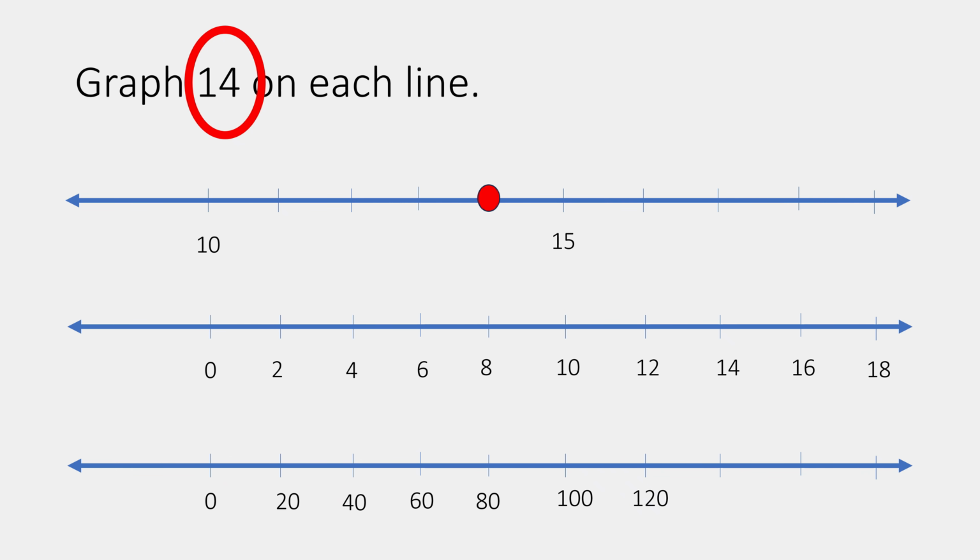The second line, we have units that go by 2s, and 14 will be right up here. And the last line, the third line, goes by 20s. And so 14 will be somewhere between 0 and 20. As you notice, some lines are not as precise as other lines.